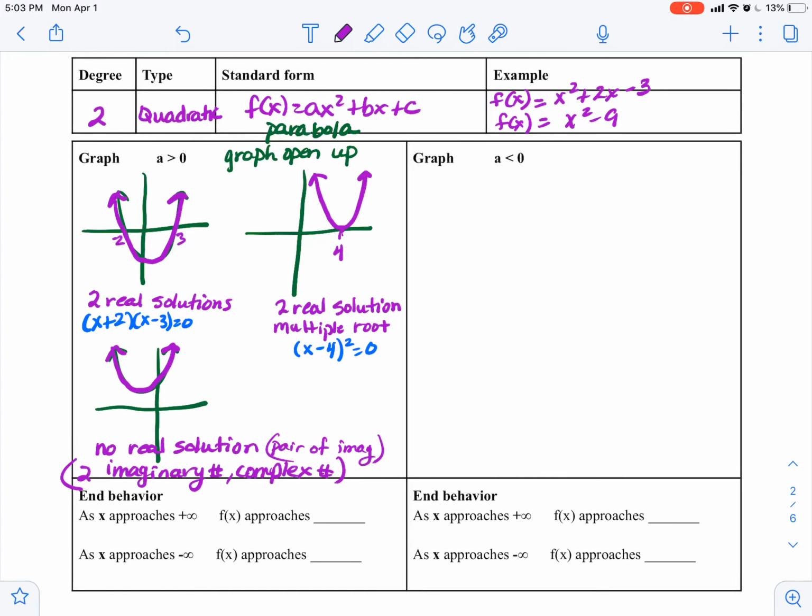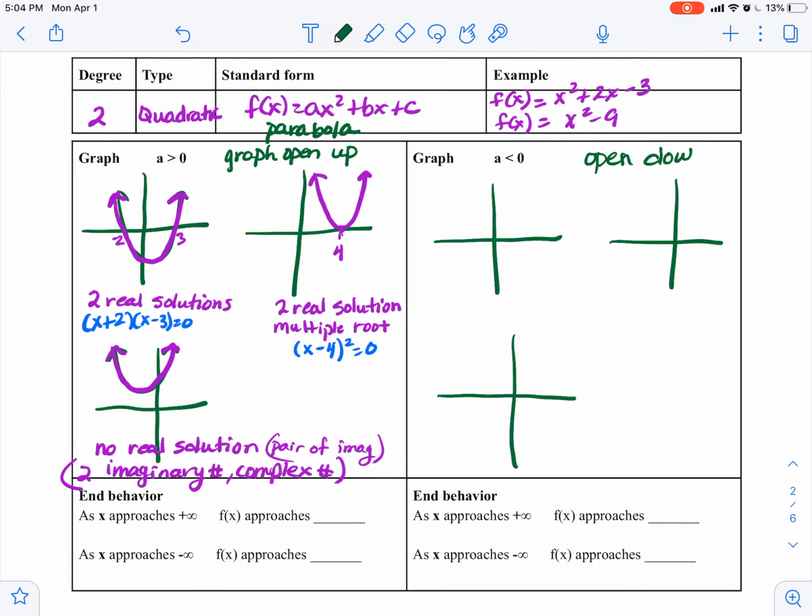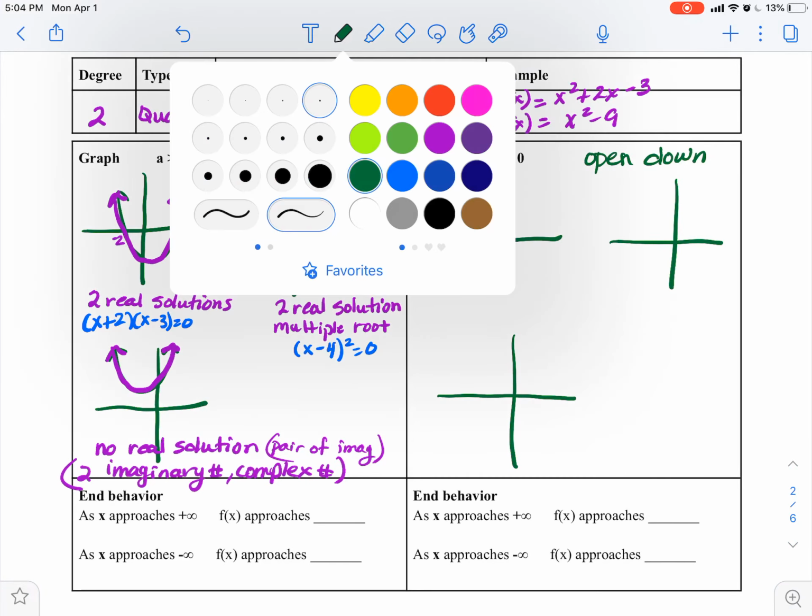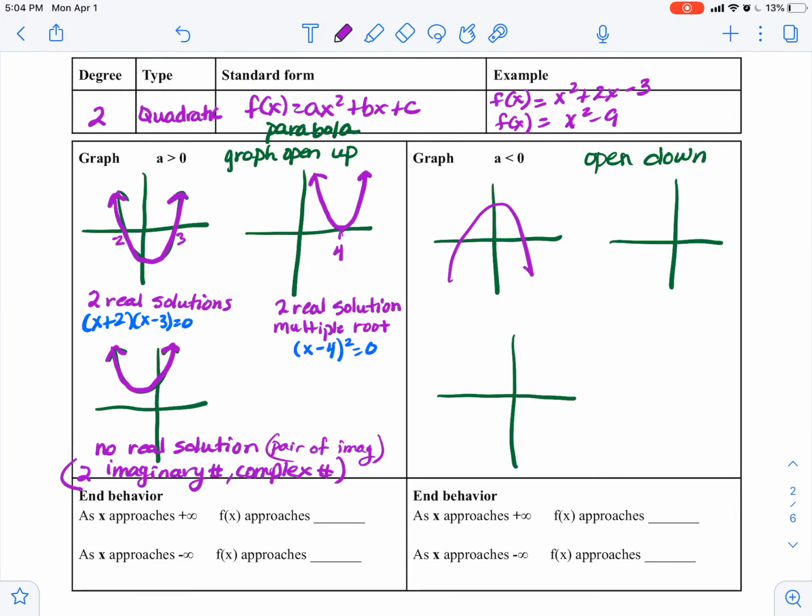Okay, so we'll go through the next one real quick because it's just going to be the flip of it. Let me get me some pictures here. Again, if it is negative, we know that it is going to open down. So I could have a parabola that opens down, which has two real solutions. I could have it where it opens down and is touching up there.